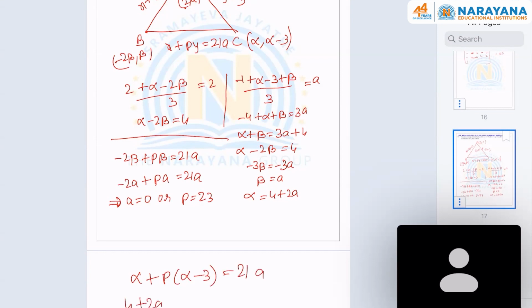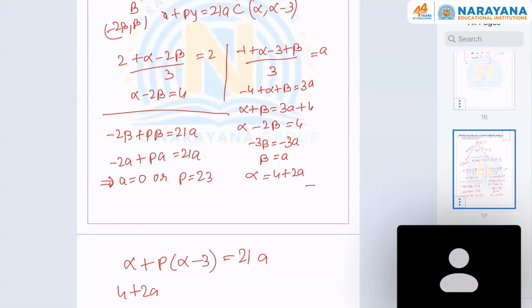So 4 plus alpha, already we found out the value, 4 plus 2a plus p into alpha is equal to 4 plus 2a minus 3. So it is equal to 2a plus 1 is equal to 21a.